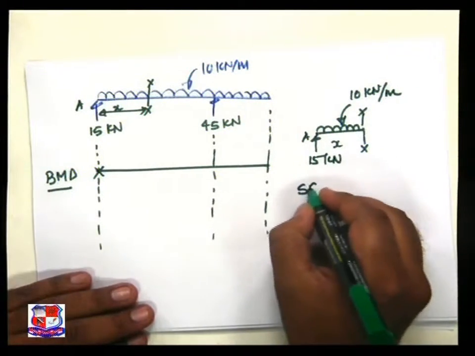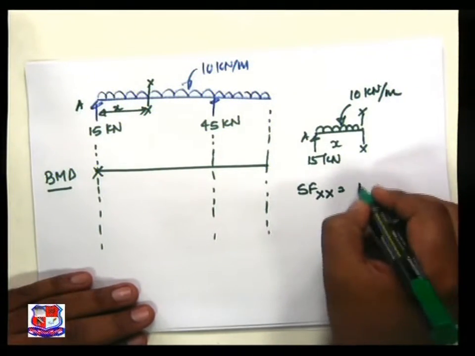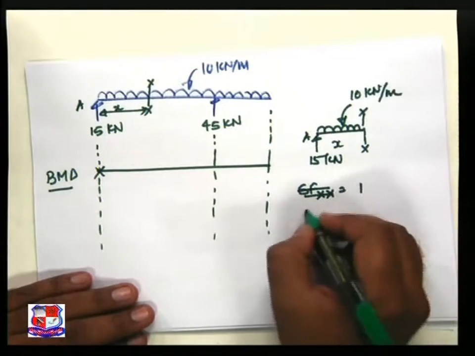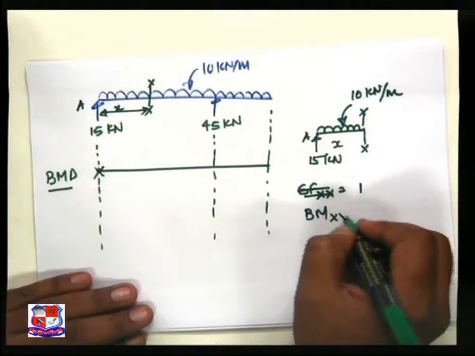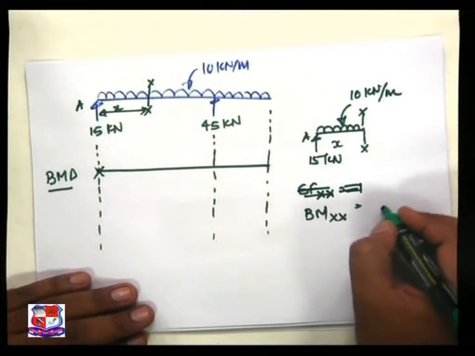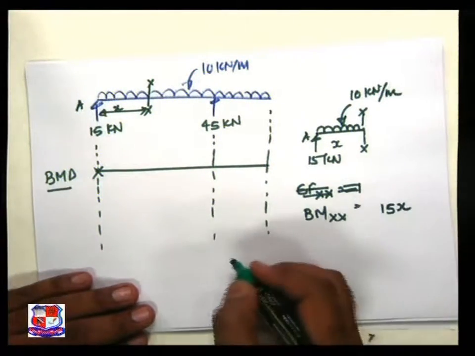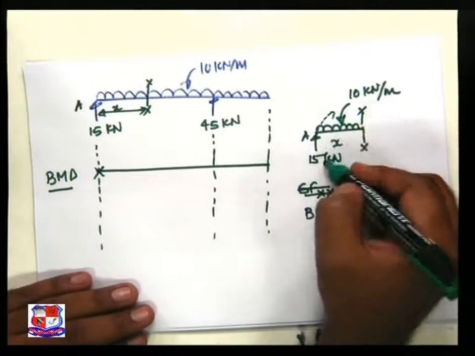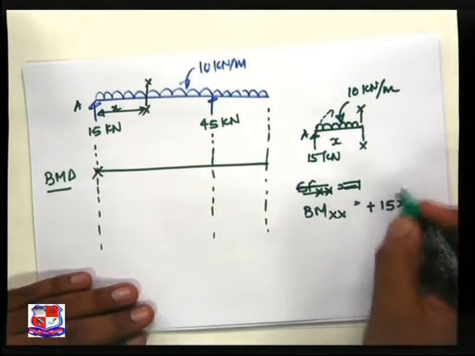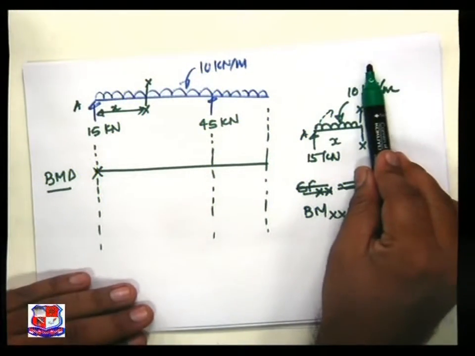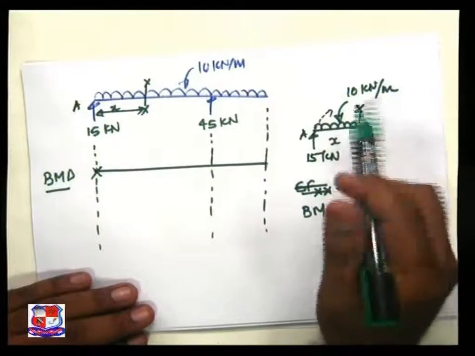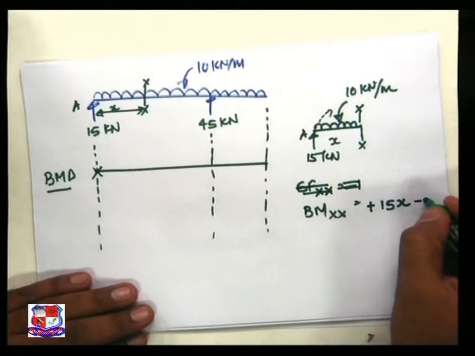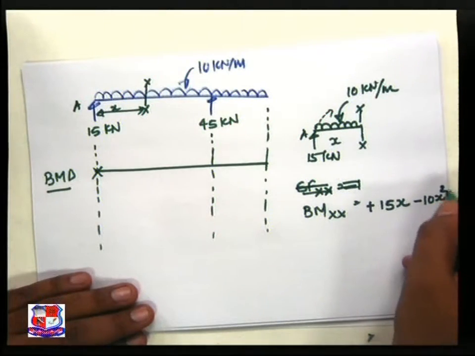Now shear force at xx, our intention is not to find out the shear force, intention is to find out bending moment. Xx is equal to 15 into x is the first moment produced because 15 is treated as positive. Why positive? Section left creates clockwise moment, sagging nature, minus 10x square by 2.